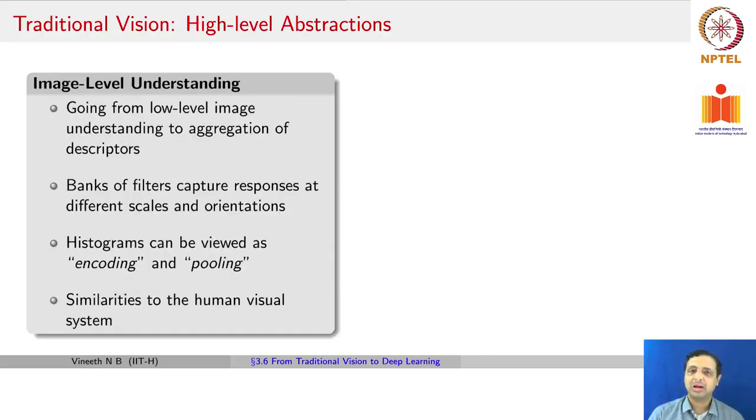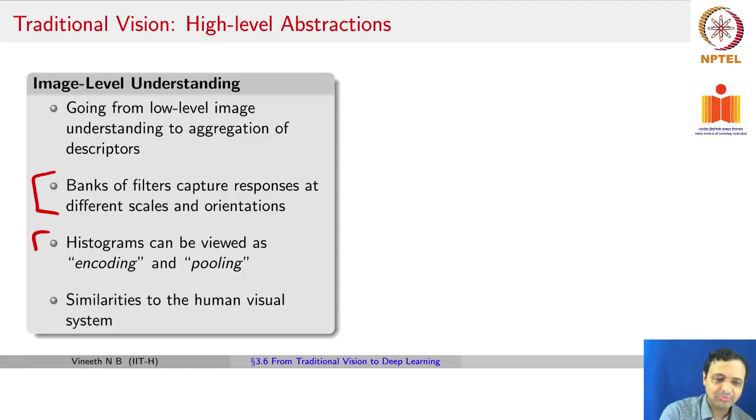If you had to abstract out the understanding that we had so far, each of these methods that we spoke about went from low-level image understanding to aggregation of descriptors at a higher level. So we use banks of filters to capture responses at different scales and orientations, steerable filters, Gabor filters, and so forth.